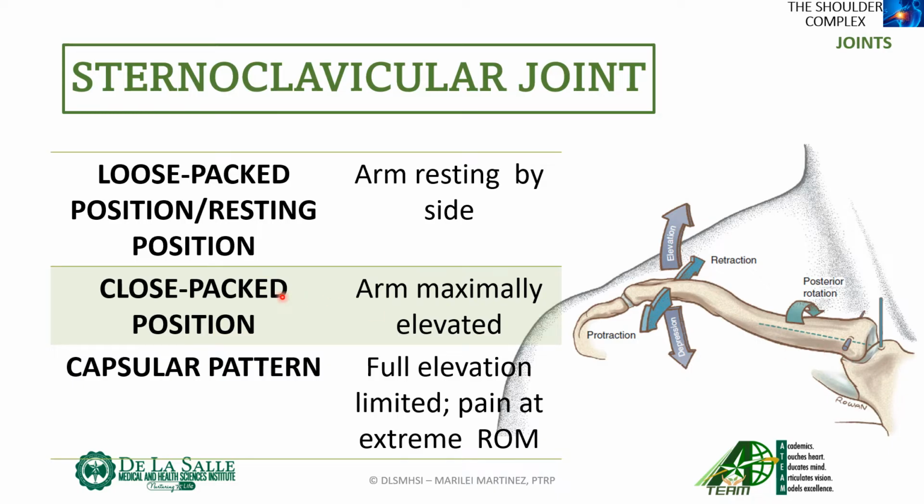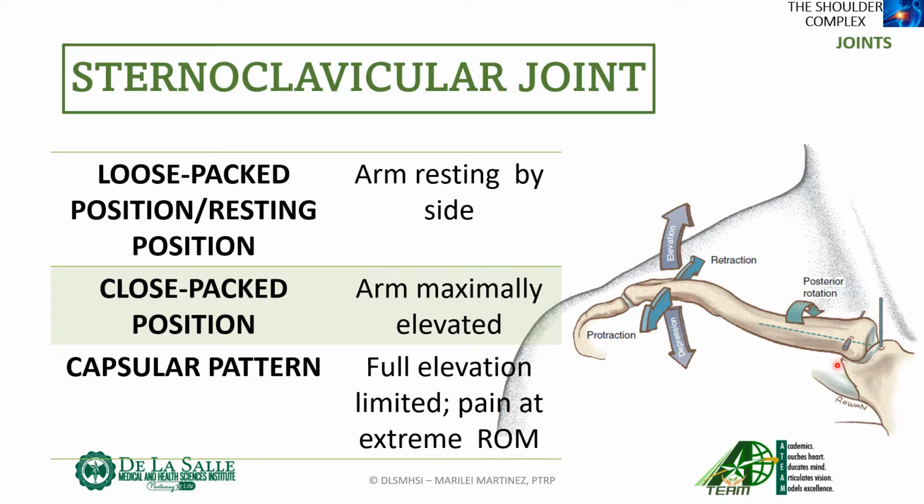For the closed pack position, it is the opposite of the open pack position or the loose pack position. When we say closed pack position, the two joint surfaces fit together precisely. So it is the position where there is maximum congruency between the articular surfaces of the joint. With that, the ligaments and capsule of the joint are also maximally tight.